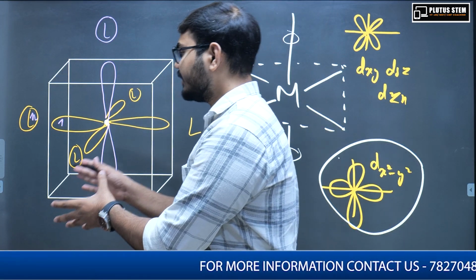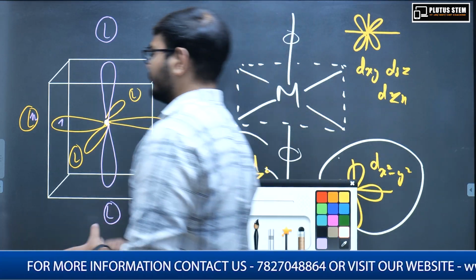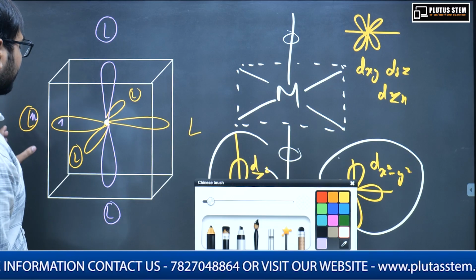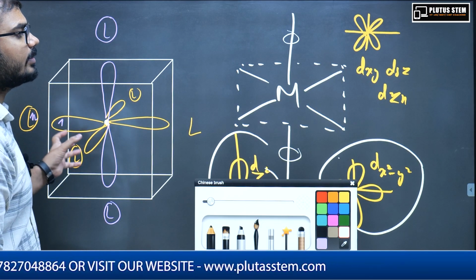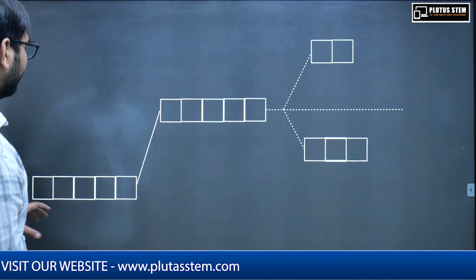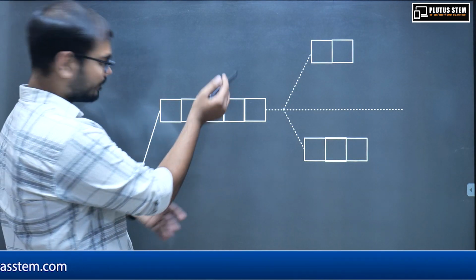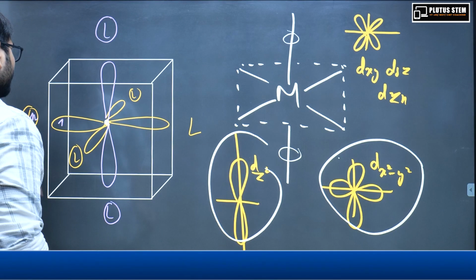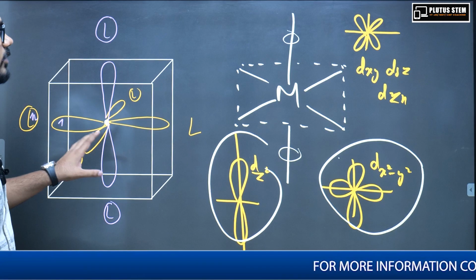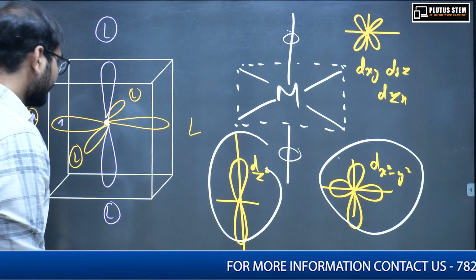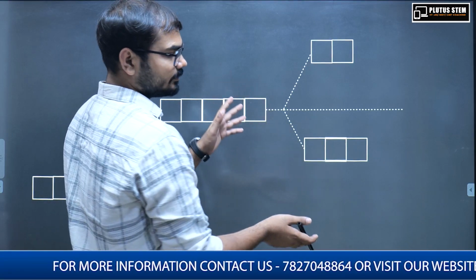So when the ligands' filled orbitals approach the metal's filled d orbitals, there is electronic repulsion between them, and the d orbitals' energy starts to rise. Moments before the ligand completely approaches the d orbitals for the formation of a bond, the d orbitals, because of such large repulsion, split.